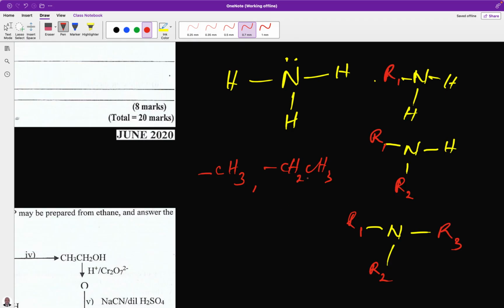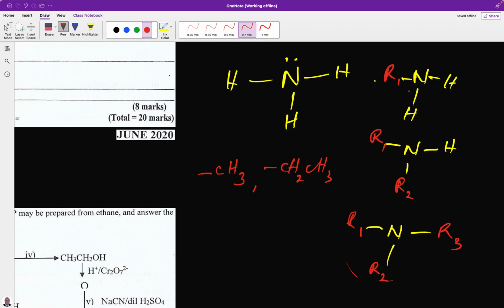So any alkyl group that substitutes this will give you a different amine. By substituting one hydrogen here by R1, it could be a methyl group or an ethyl group, we have a primary amine. By substituting two hydrogens, we have a secondary amine. By substituting all the hydrogens, we will have a tertiary amine.